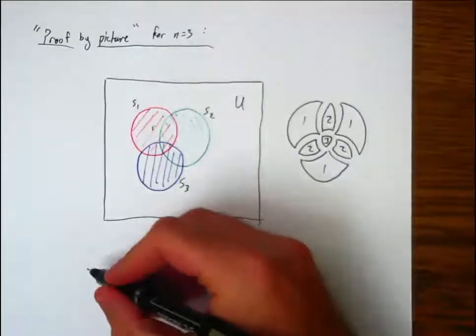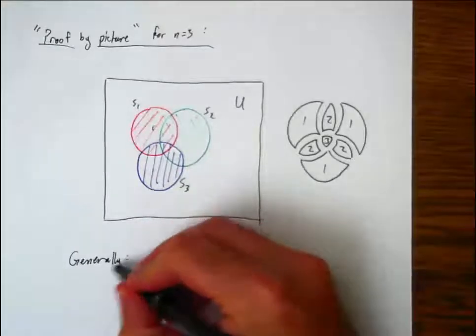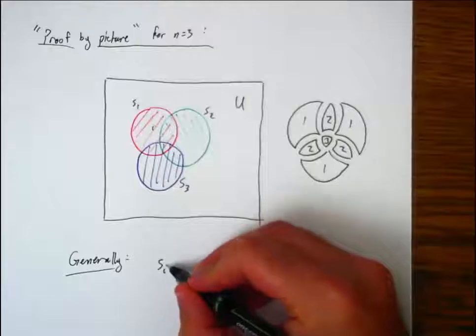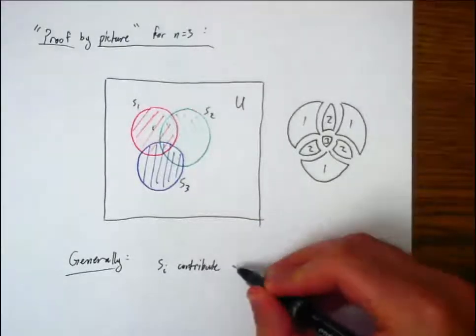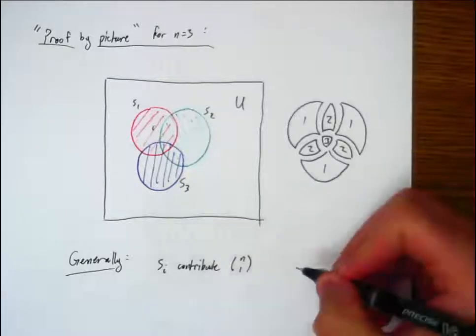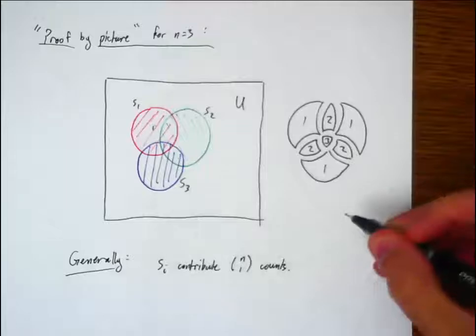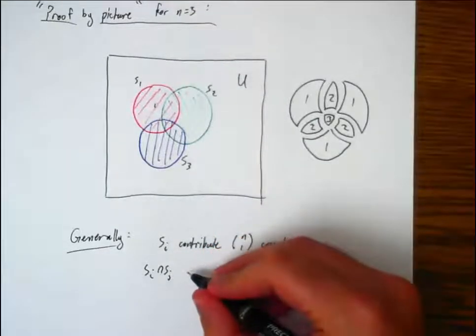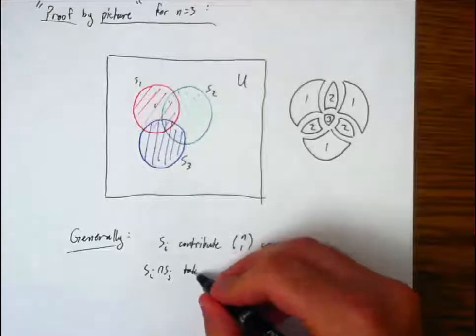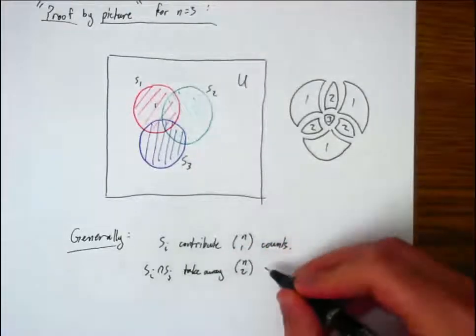But in general, generally speaking, the S_i contribute n choose 1 to the count. Okay? The S_i intersect S_j pieces will then take away n choose 2 counts.